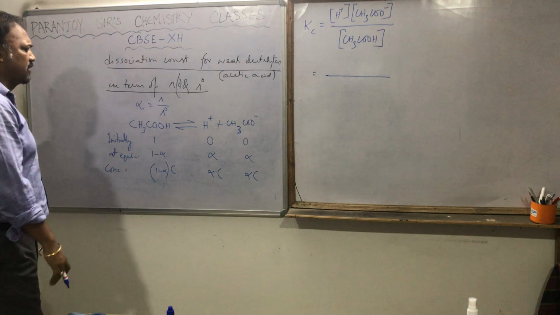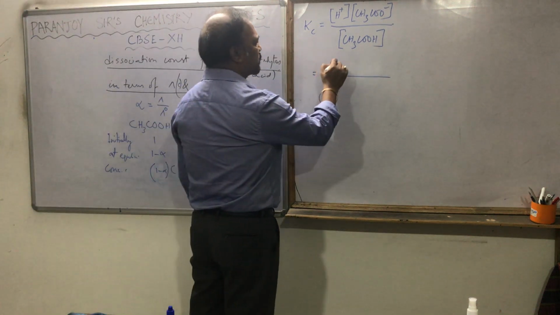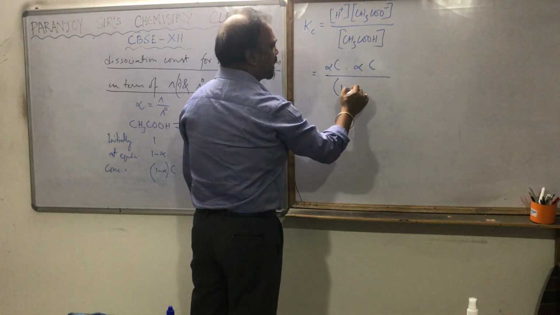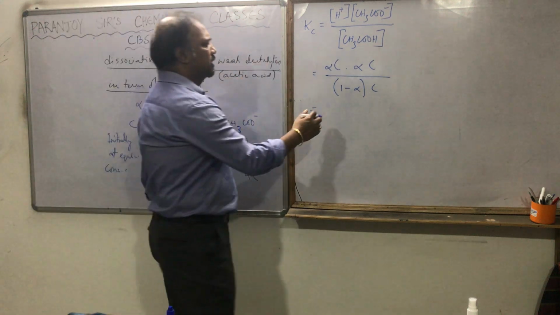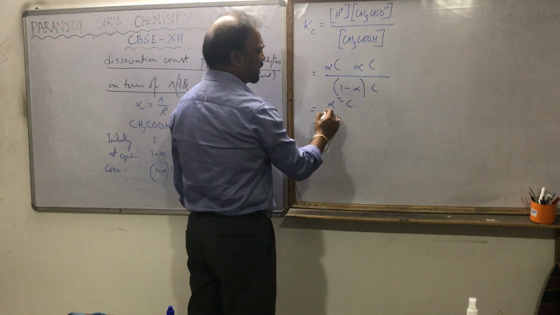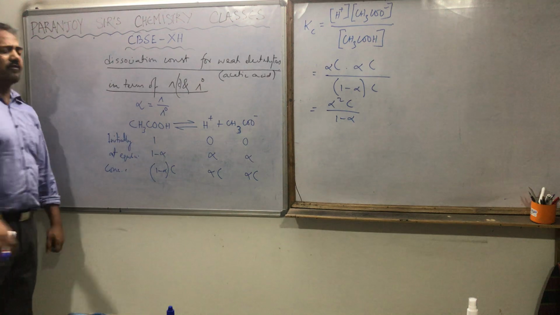What is the concentration of H positive at equilibrium? It's alpha into C. The concentration of CH3COO negative is also alpha into C, divided by 1 minus alpha into C. So that is equal to alpha square C, where one of the C cancels out, divided by 1 minus alpha. That's the expression of Kc.